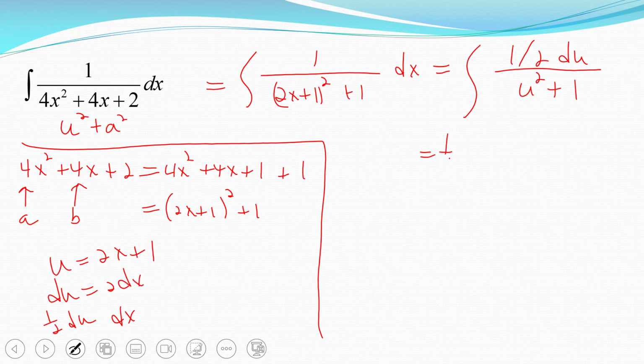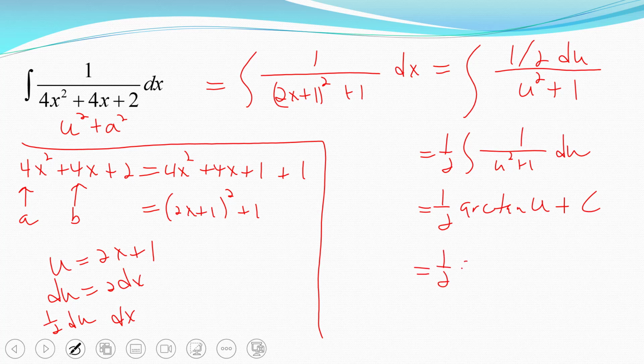That is 1/2 the integration of 1 over u squared plus 1 du. That is 1/2 the arc tangent of u over 1, which is just u, plus c. So our answer is 1/2 the arc tangent of 2x plus 1, plus c.